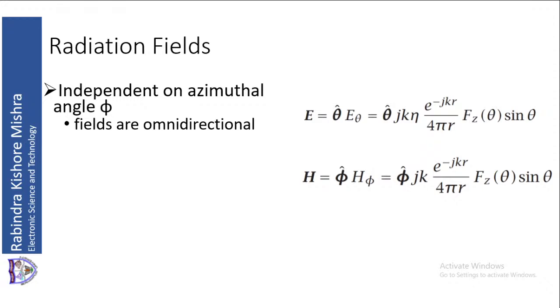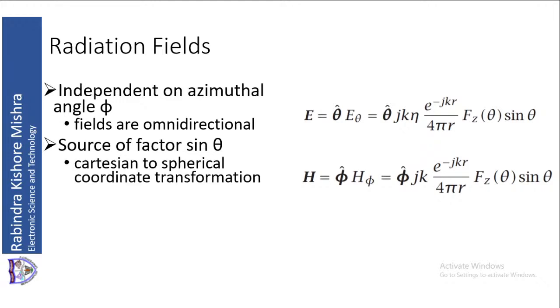And why E will be in the theta direction? Because E is perpendicular to H and E is not in the propagating direction, or E has no r component. So therefore E will have theta component, E theta cap E theta. Okay. And then in these two expressions, if you look at the expressions for E and H, there is a factor sine theta.